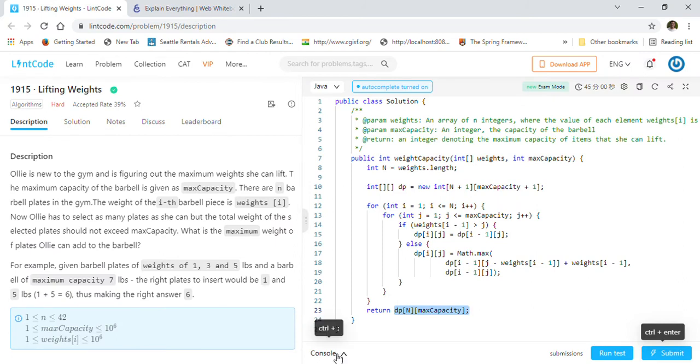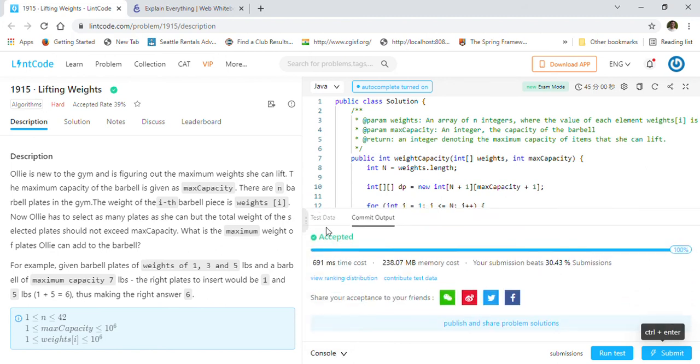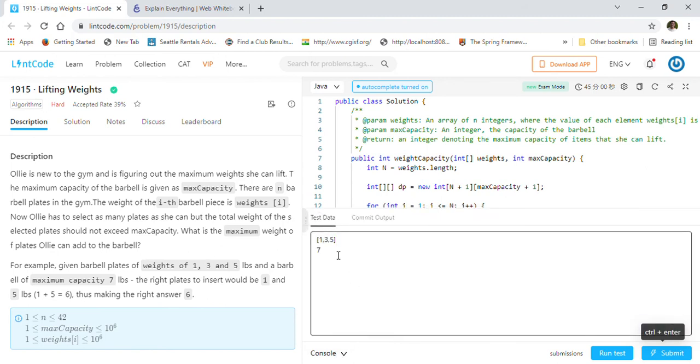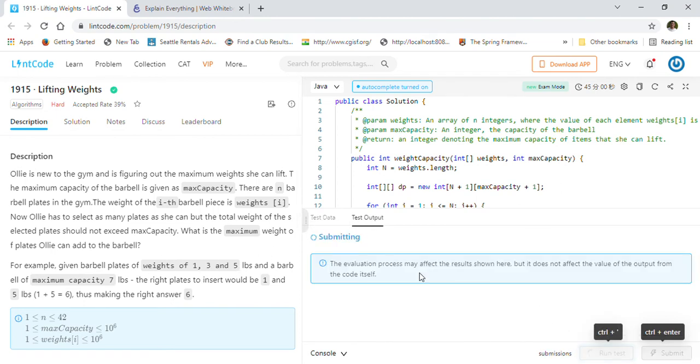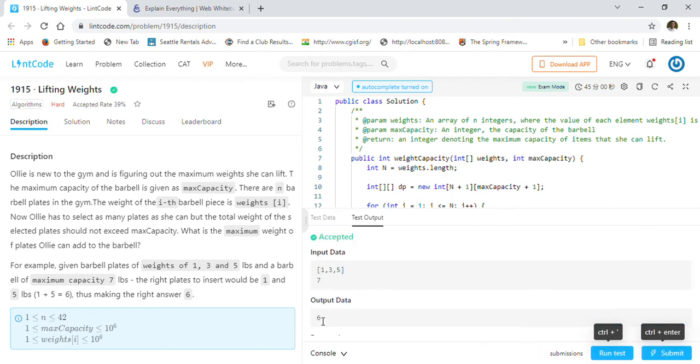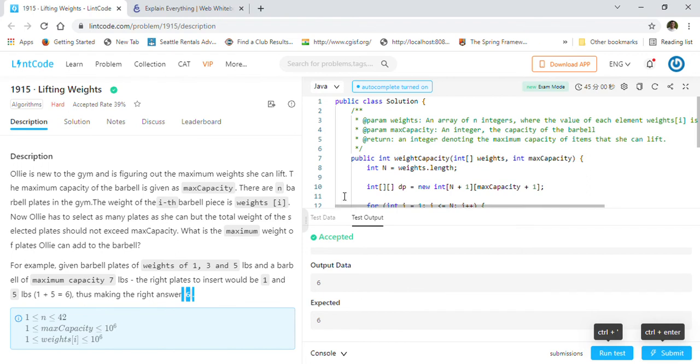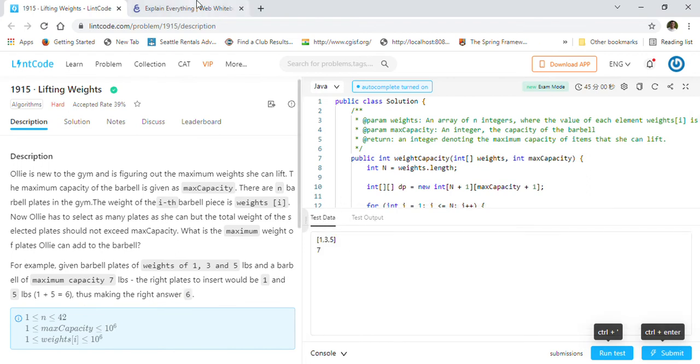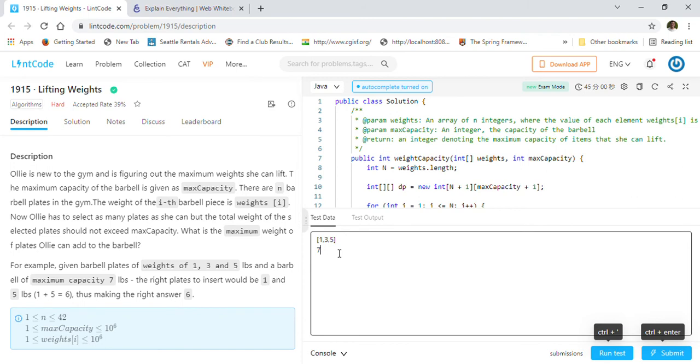So this is the problem of lifting weights, and we can solve it using the dynamic programming approach. First let's take the example given to us, and 6, as they said, is the correct answer that we are getting. Then we can create our own example, like the one we discussed.